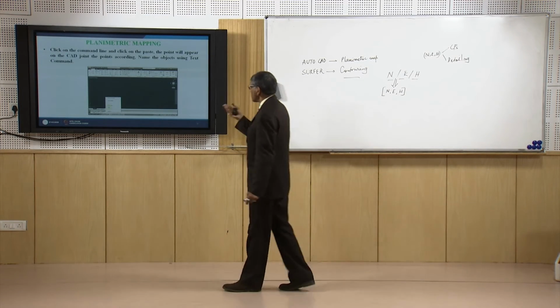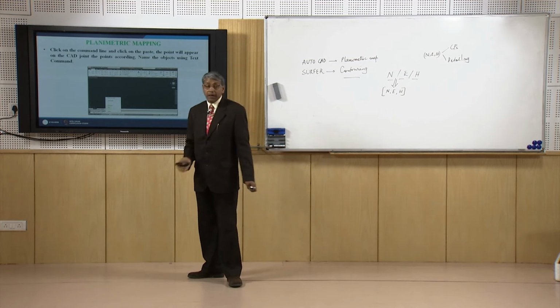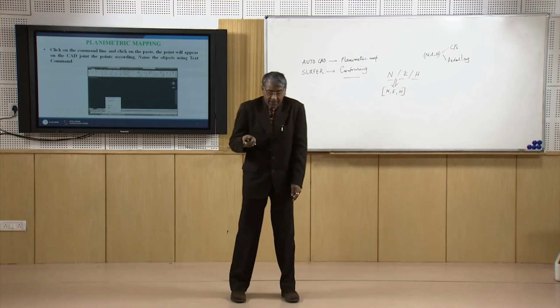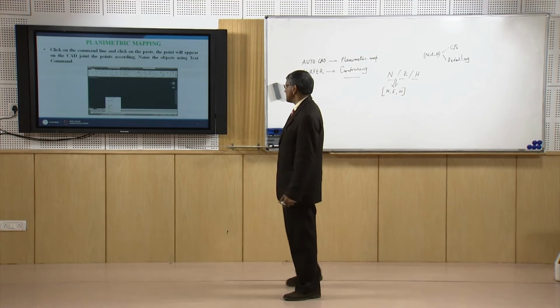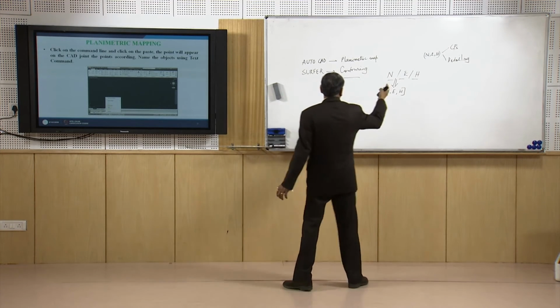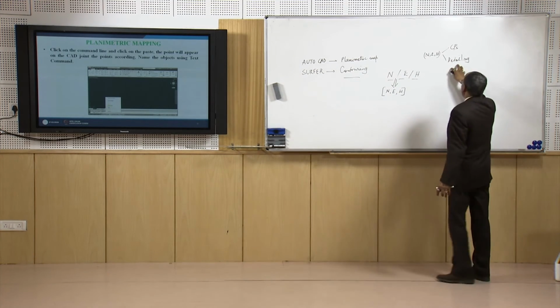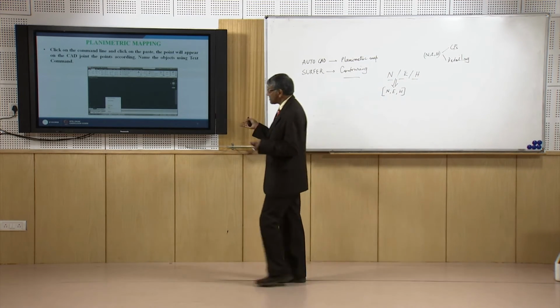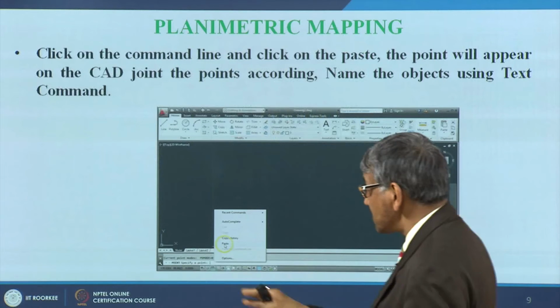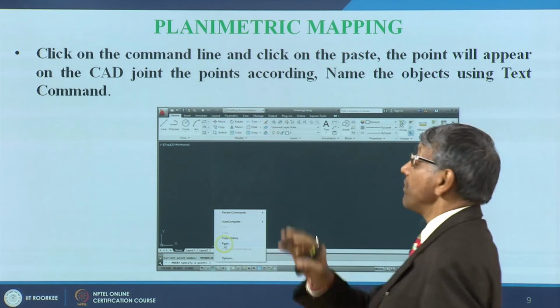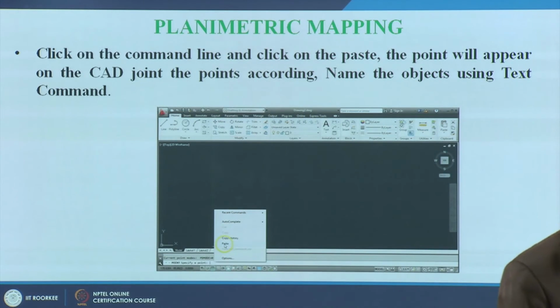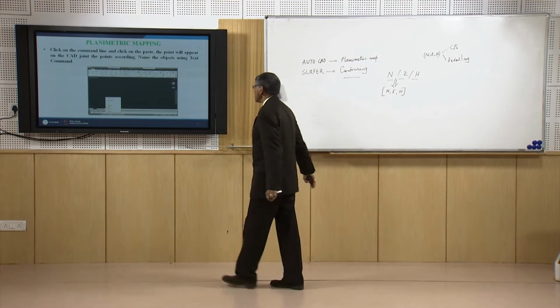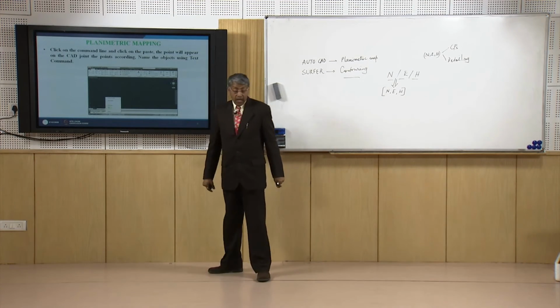Once the control points have been satisfactorily plotted and the network has been defined, then we can go for the points of detailing. In a similar way we select the points, we paste them, and then all those points will appear in the display map.